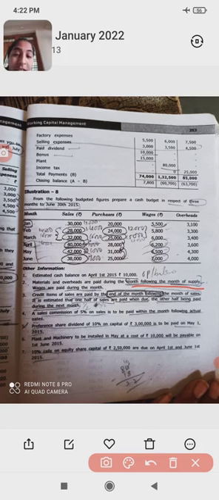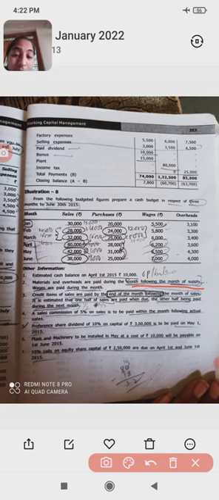Materials is nothing but your purchases, whatever you have purchased. And overheads also are paid during the month following the month of the supply. So purchases done in the month of January, how much? 20,000.